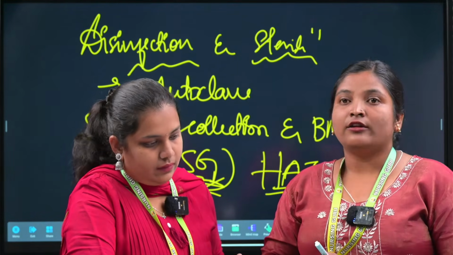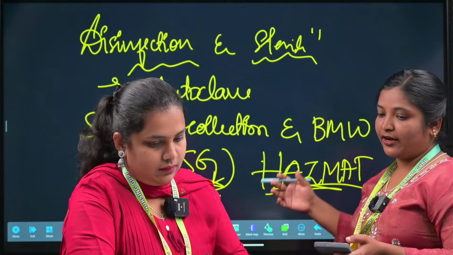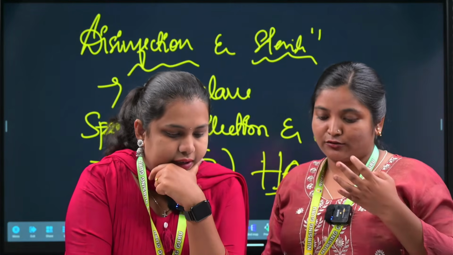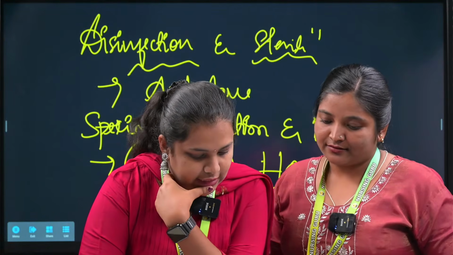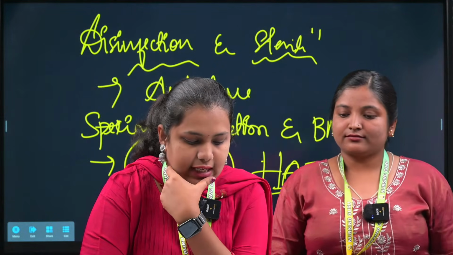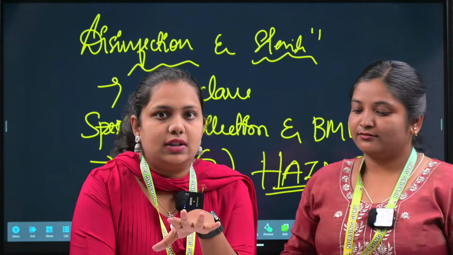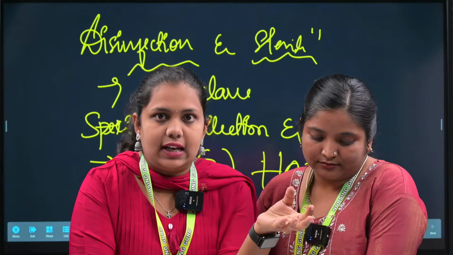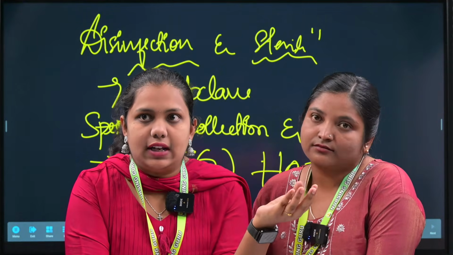Again we have a few more questions, you just take them down, based on all the units we have discussed. The first question is define sterilization, explain methods of sterilization and their application. We already said you have to define sterilization, then the methods of sterilization with classification, then the importance and application of each method.